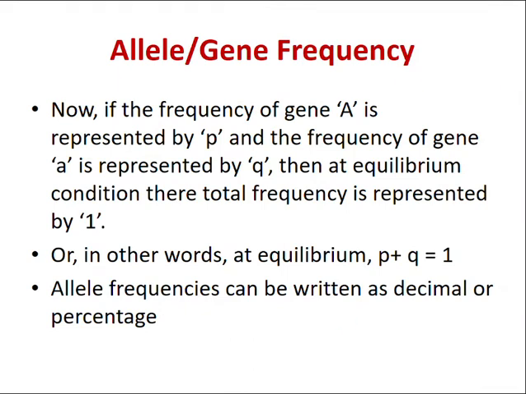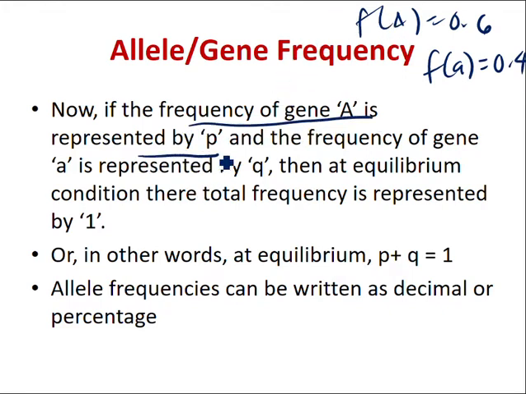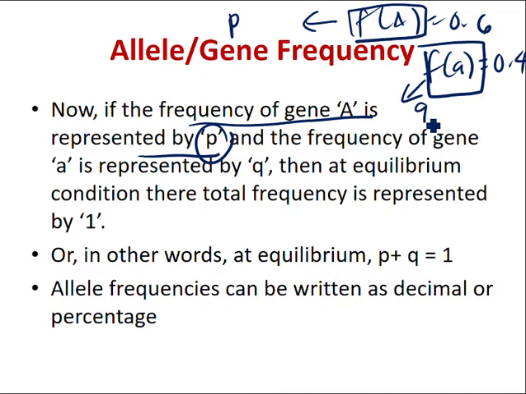Now, earlier you got the frequency of A as 0.6, and the recessive allele as 0.4. Usually the frequency of the dominant allele is represented by P, and the frequency of the recessive allele is represented by Q. This is the standard. At equilibrium, P plus Q is equal to 1.